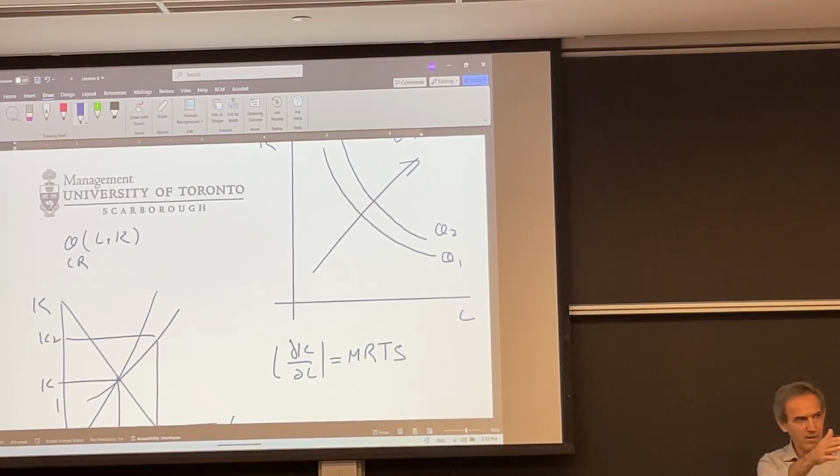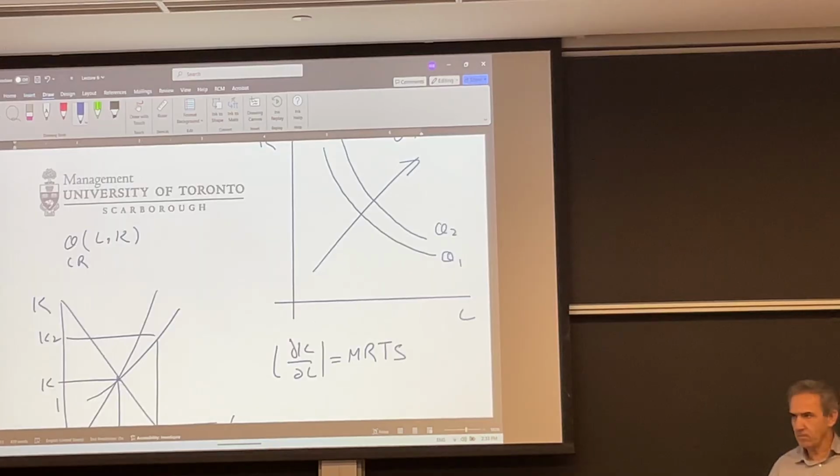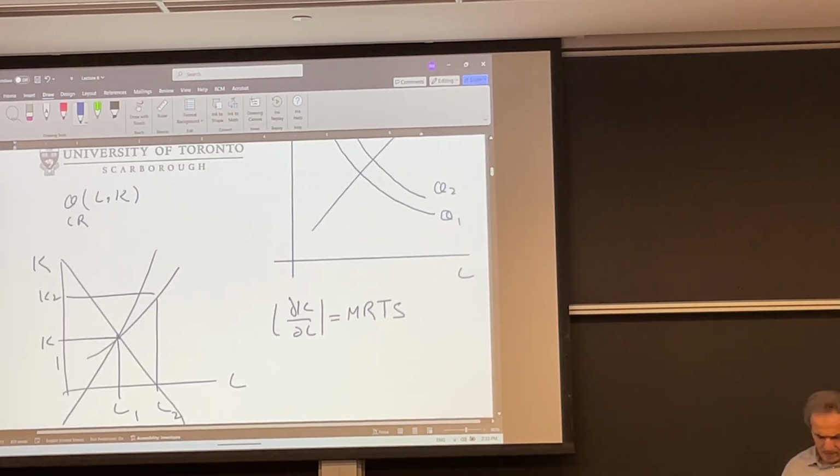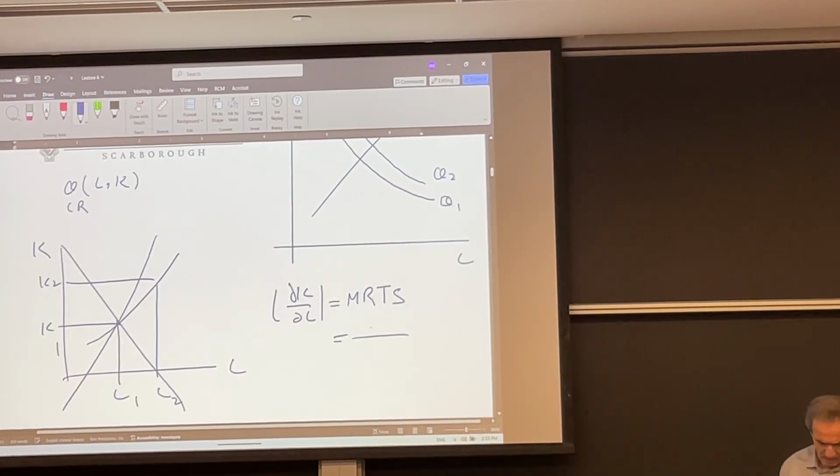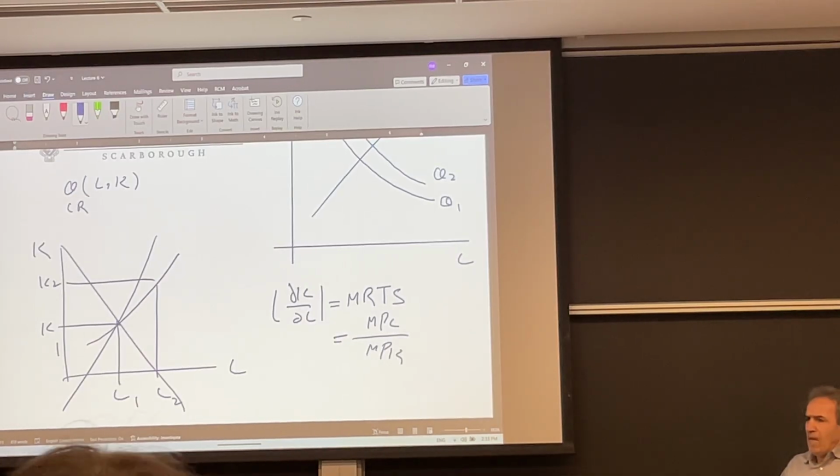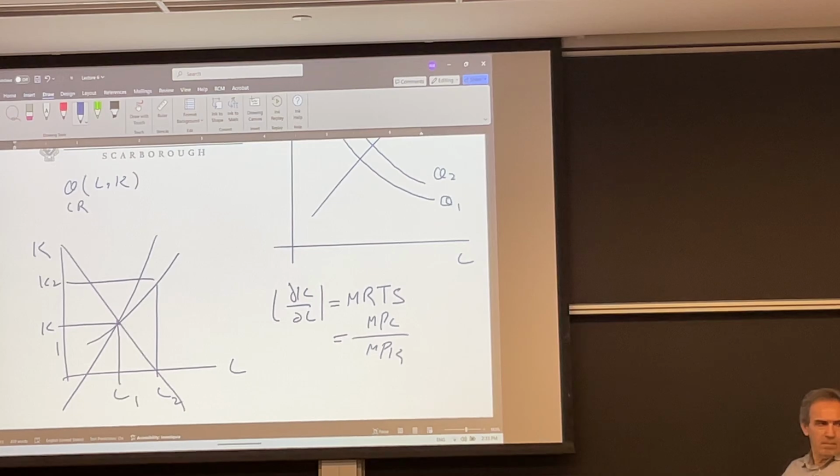That's the technical substitution. Make sense? We'll show later why, but this is MPL divided by MPK. Similar to MRS, which was MUX over MUY. Here you get MPL over MPK. Alright? Make sense? Okay.